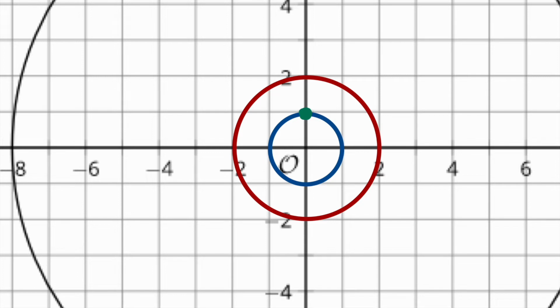And you're going to notice that each and every point that you might start with on my red circle, yours probably not red, but those are all going to land on the blue one.